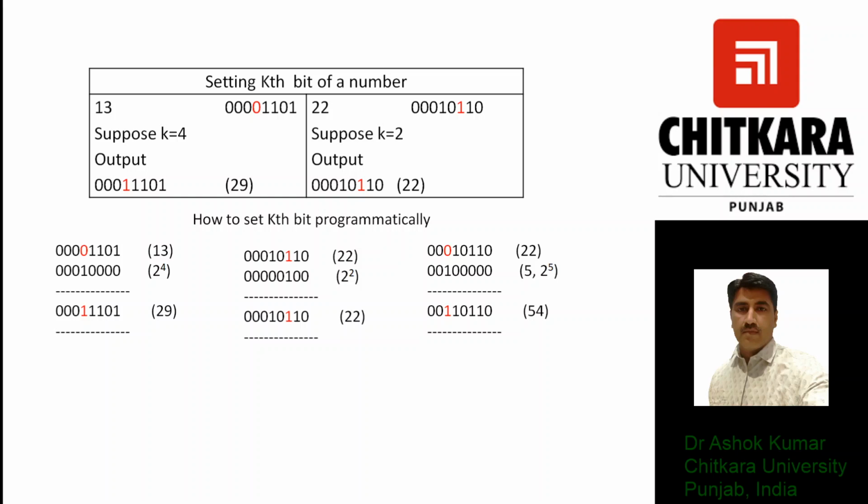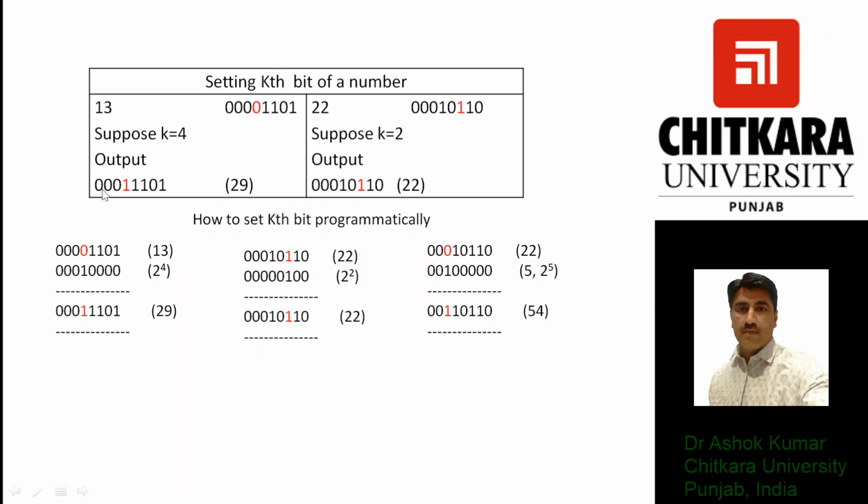The rightmost bit of the number is the 0th bit, so the red bit is the fourth bit if you count from 0 from the right hand side, that is from the least significant bit. If we set this red colored bit to 1, this will be the output that is shown here.